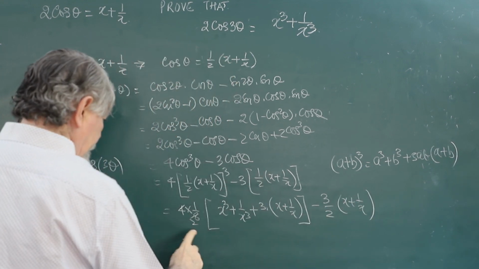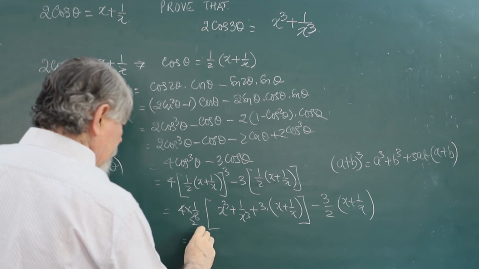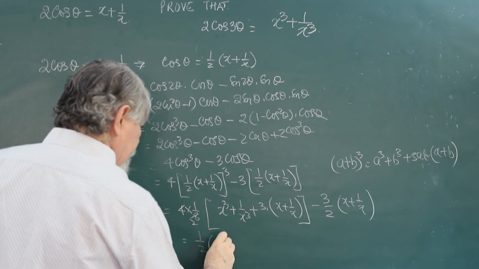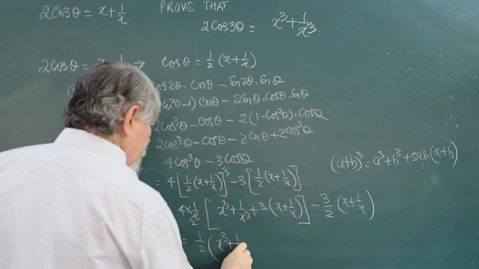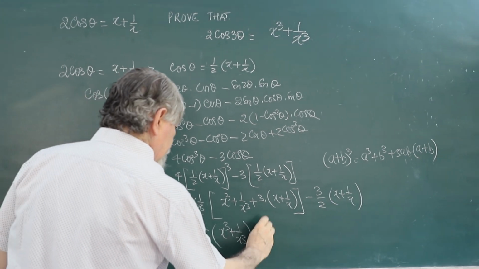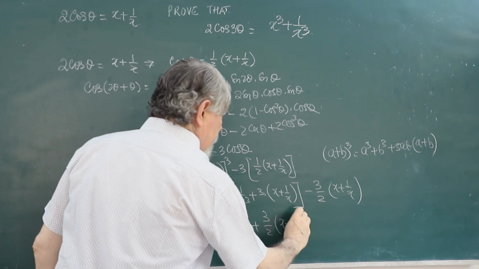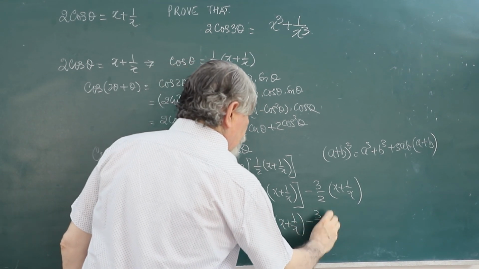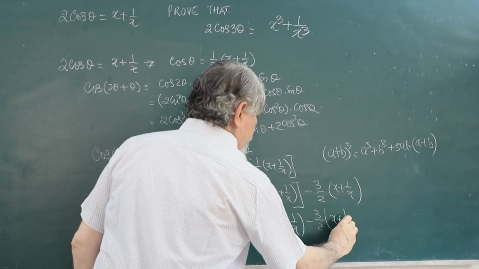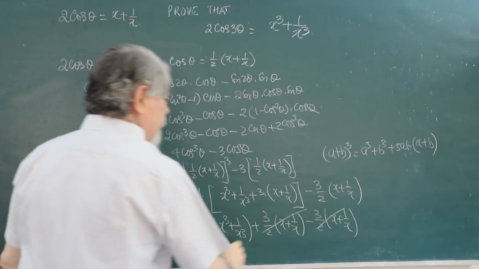So when you multiply it by 1 upon 2 here, it will be 1 upon 2 into x cube plus 1 upon x cube, plus 3 upon 2 into x plus 1 upon x, minus 3 upon 2 into x plus 1 upon x. This will cancel.